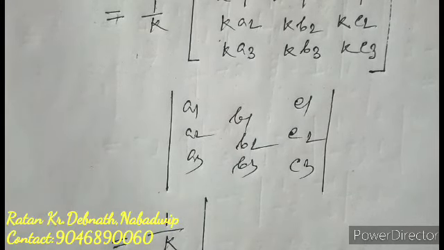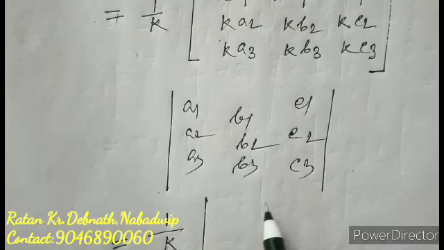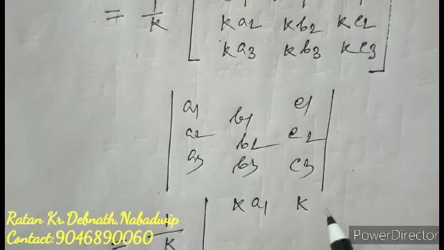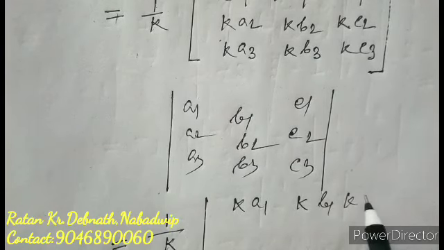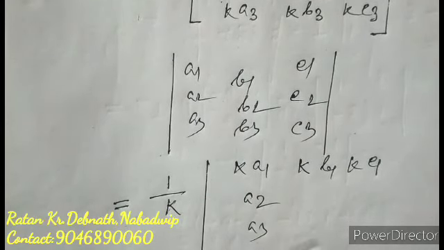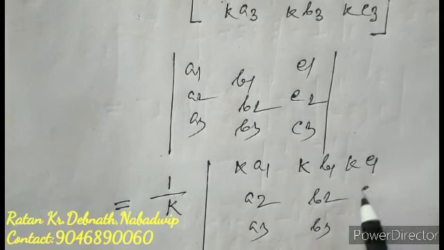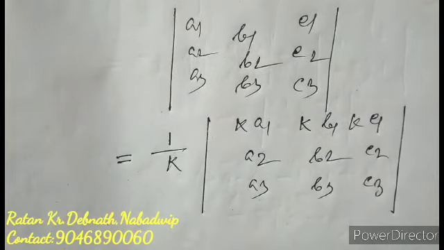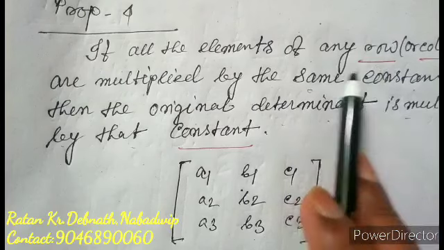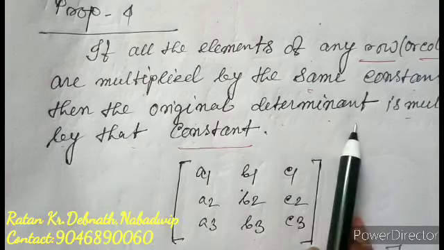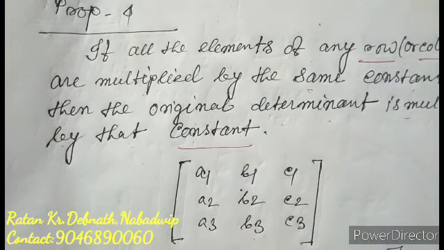You can multiply only one row or column, that is k_a1, k_b1, k_c1, a2, a3, b2, b3, c2, c3. That is, if all the elements of any row or column are multiplied by the same constant, then the original determinant is multiplied by the constant.